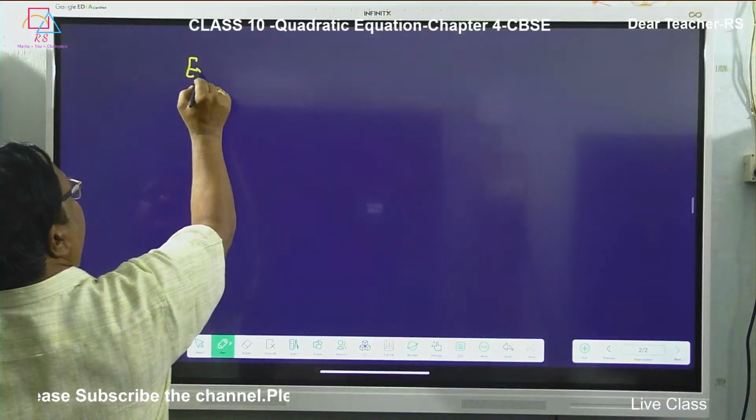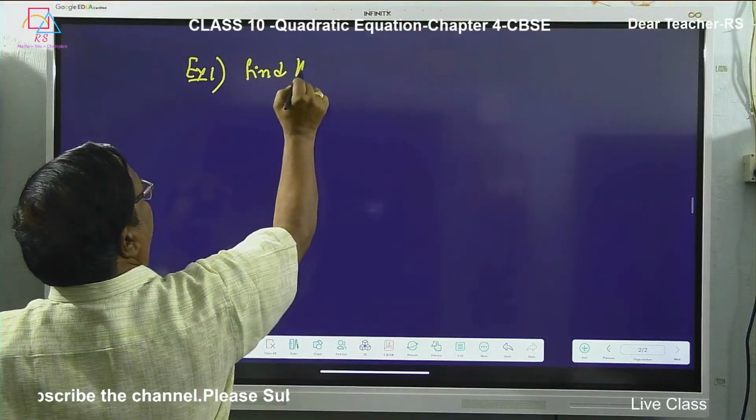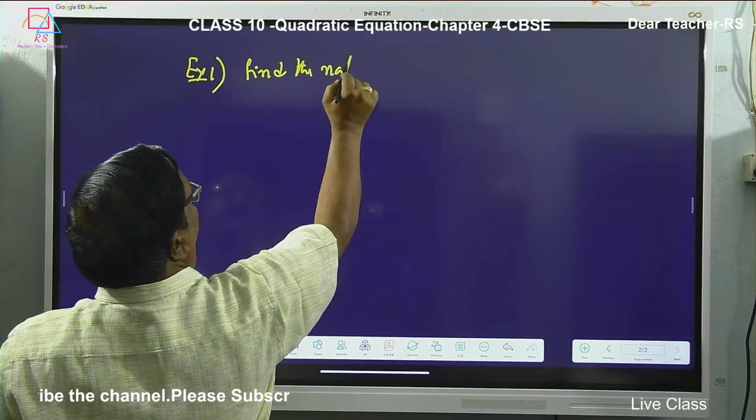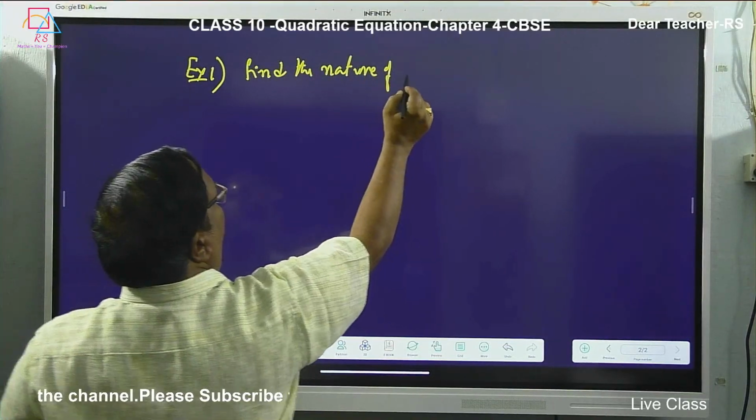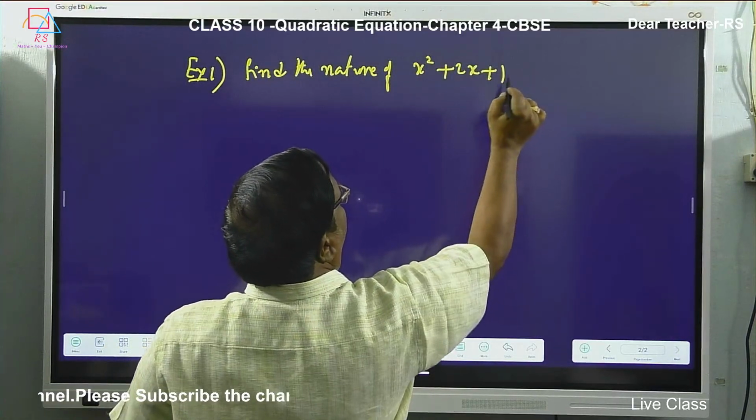Practice question. I will give my own question. Find the nature of the roots of x square plus 2x plus 1 is equal to 0.